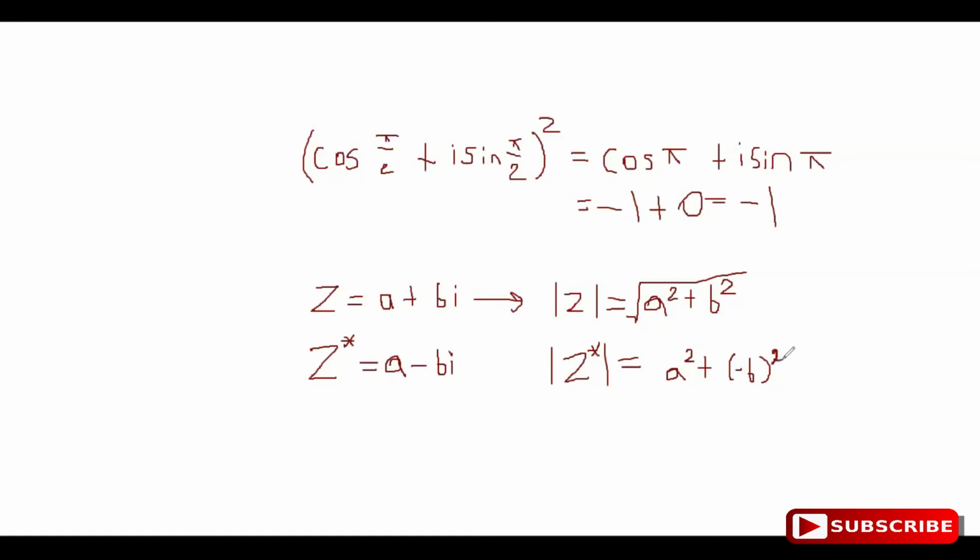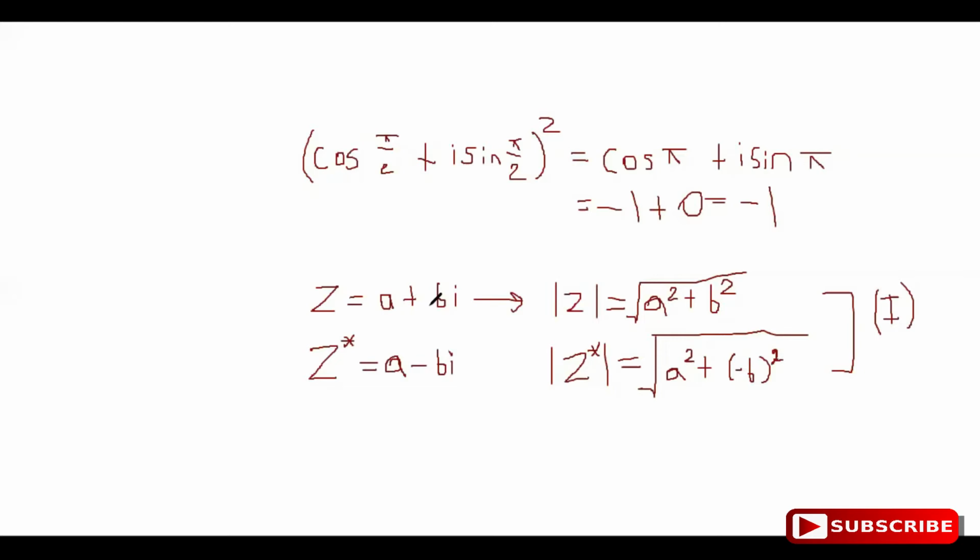And so they work out to be the same. Since they work out to be the same, these two are equal, and so therefore the first one is true. We've just proven that the modulus of z is equal to the modulus of z star.